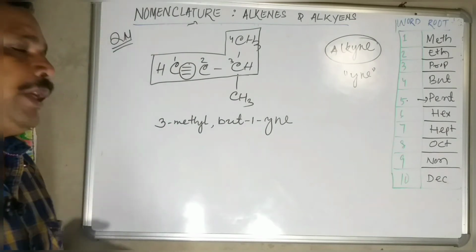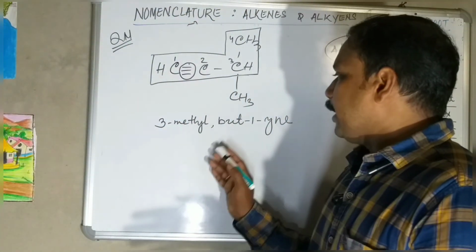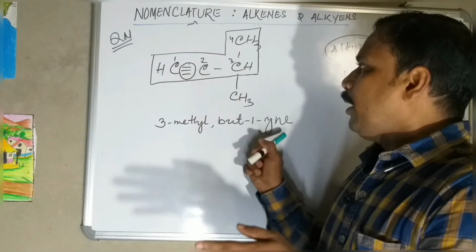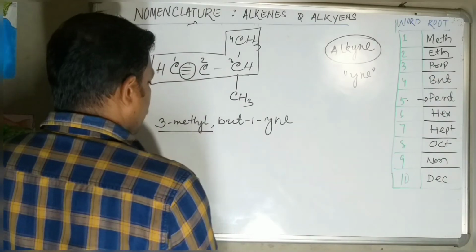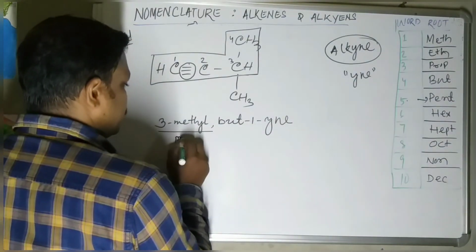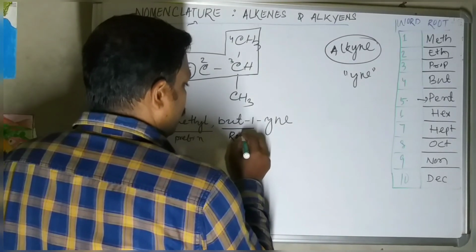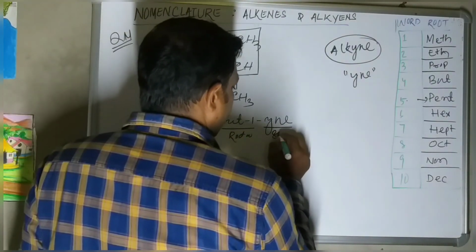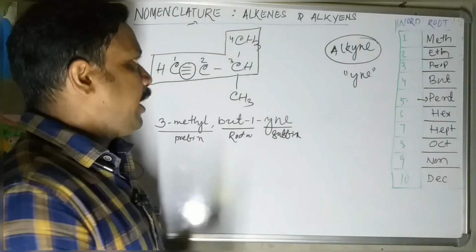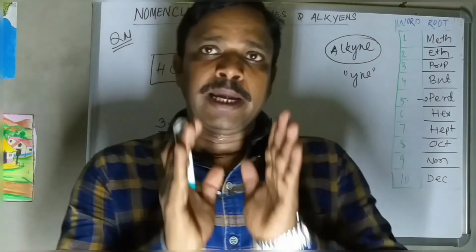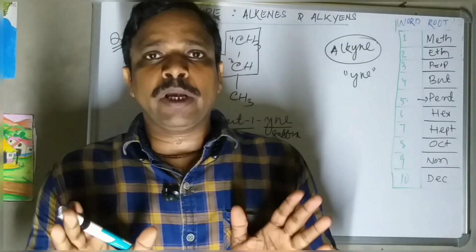The IUPAC name of this carbon compound is 3-methyl but 1 yne. Here methyl is the prefix, but is the root word, and yne is the suffix. In this way, we can write the entire name of an organic compound. Okay, thank you.